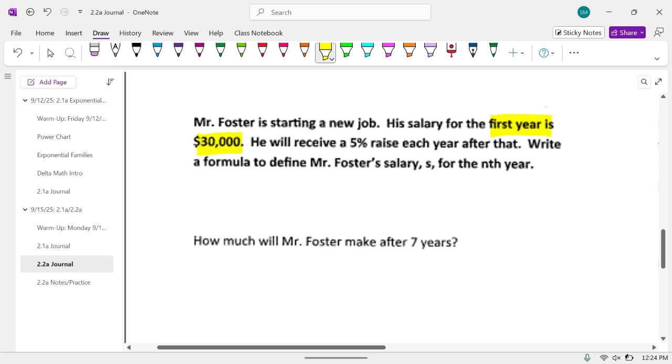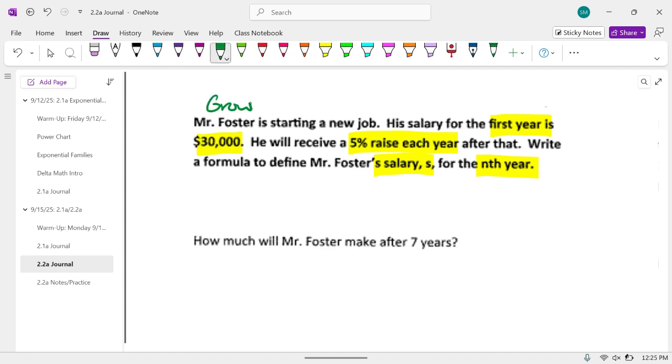What else do I need to know? 5% raise each year. And then we're writing the salary S in terms of the nth year. Now, based off of the information given, do you guys think this is going to be a growth or a decay? Growth, because he's getting a raise each year, right? That means he's getting more money. So we're going to write exponential growth.